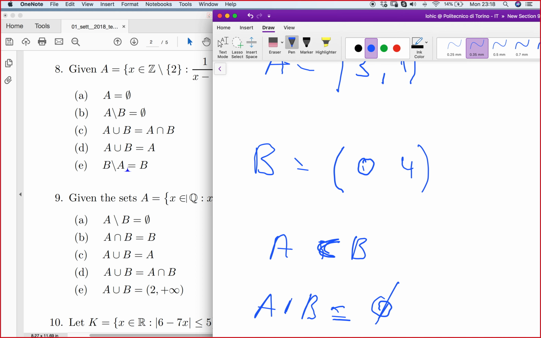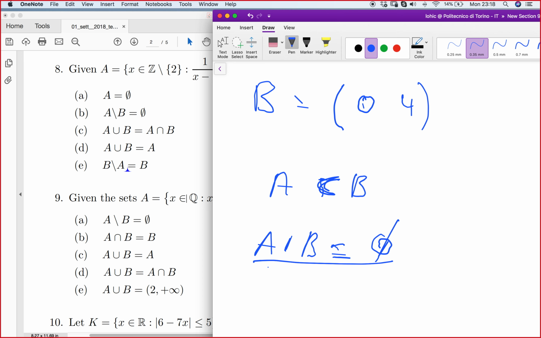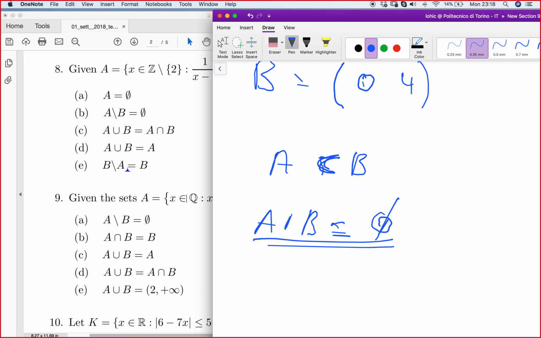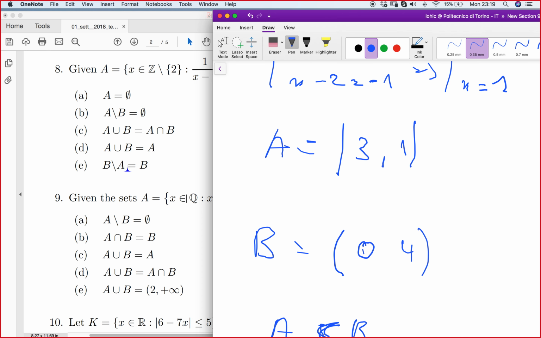My student has some doubts about this statement. So we are saying that A minus B means take the elements of A and remove those of B. A minus B means remove the elements of B that are in A. If the elements of B are from 0 to 4, it means that 3 and 1 are also inside B. If I remove them, nothing will remain in A, right?